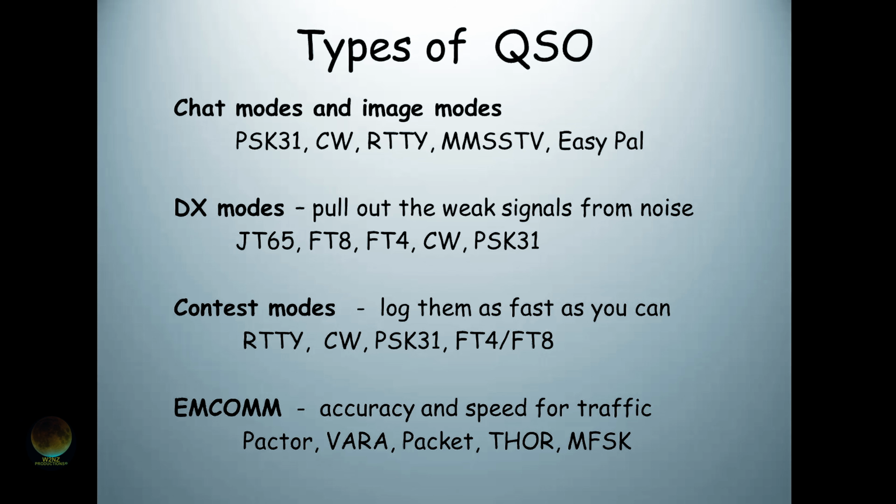The DX modes, well, there's your FT8, FT4. If you go back 5 years, JT65 could work the moon bounce. CW and PSK are nice modes where, with a little bit of power and a dipole antenna, you can work the world. The contest modes, well, every weekend there's some contest somewhere.